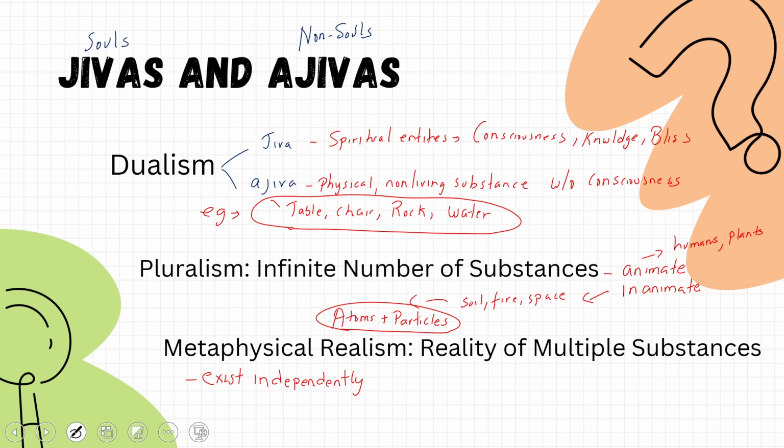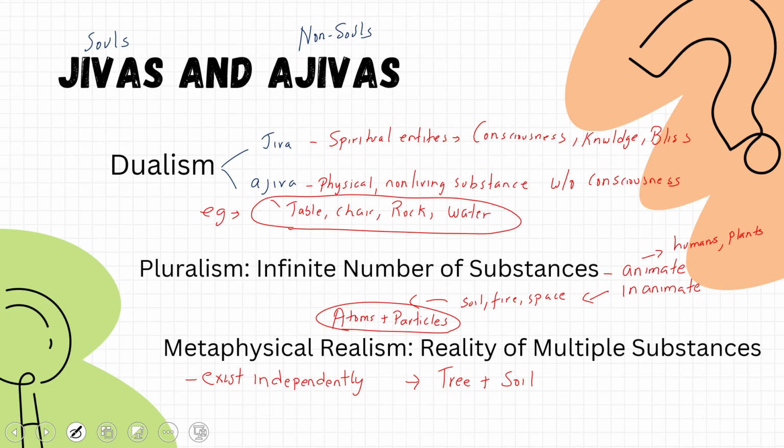When you look at the example of tree and soil, what substance is a tree? Animate or inanimate? Animate substance, okay? It's a living substance.